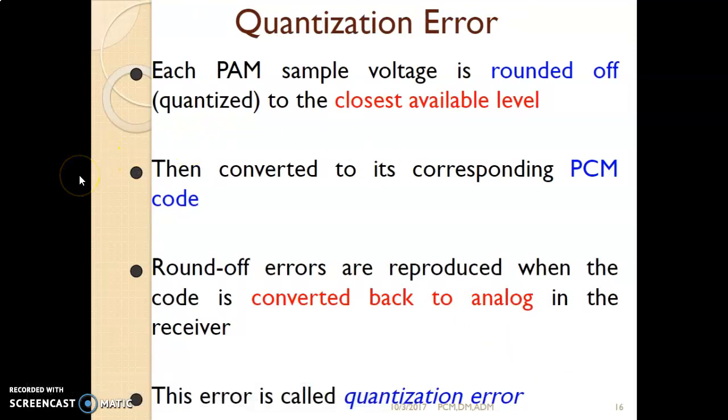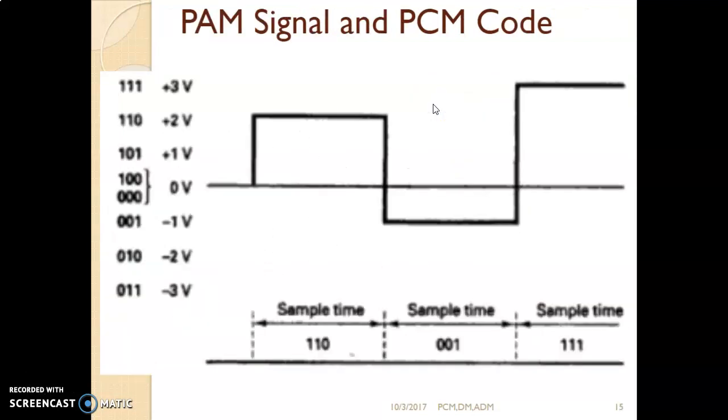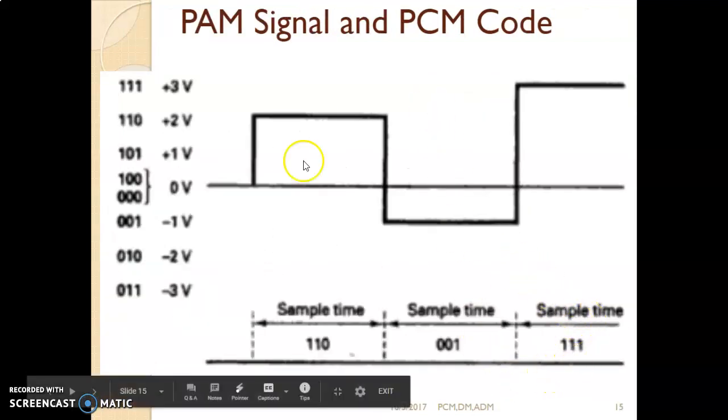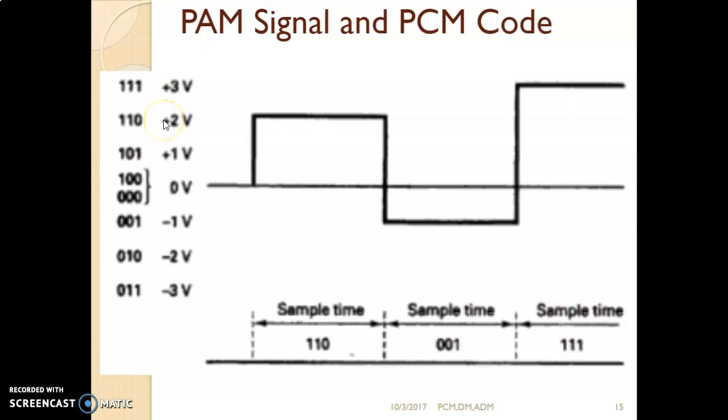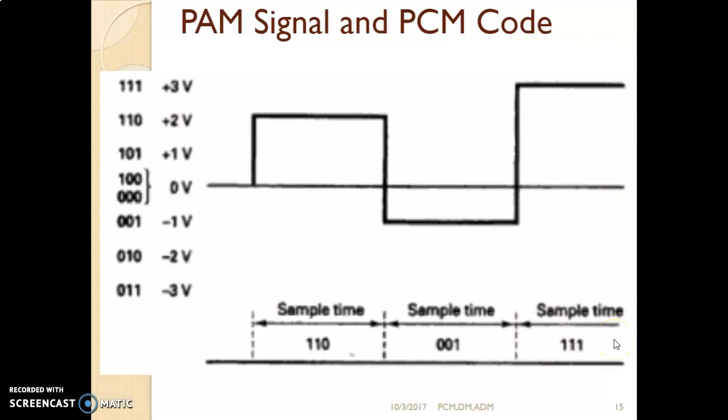When we are doing this rounding off, you see this particular level was at 2.6 volt. This sample is taken at 2.6 volt, but while quantizing we have rounded it to +3 volt, because 2.6 is nearby to +3. So there is always a rounding off procedure, and because of that there is a difference between your quantized signal and the original signal.